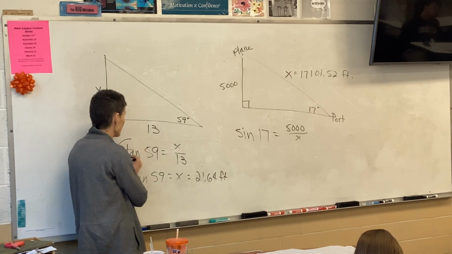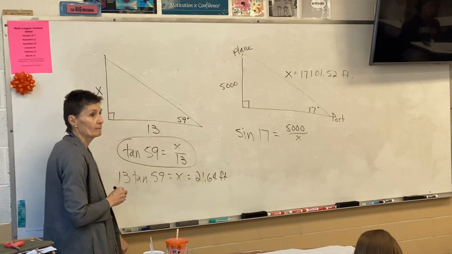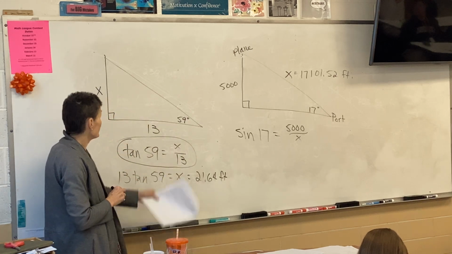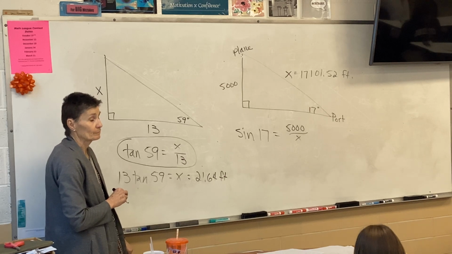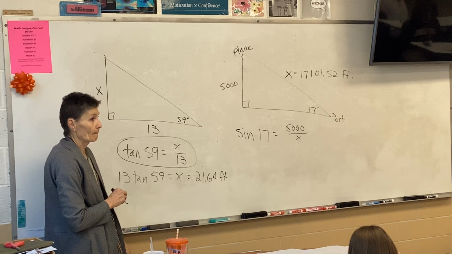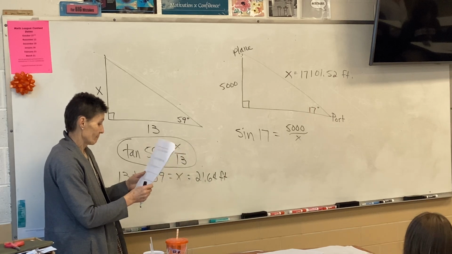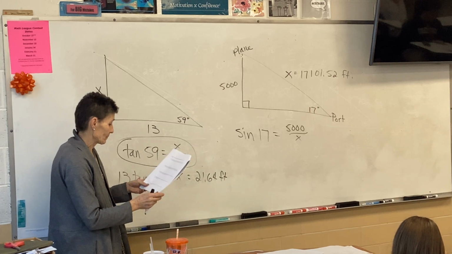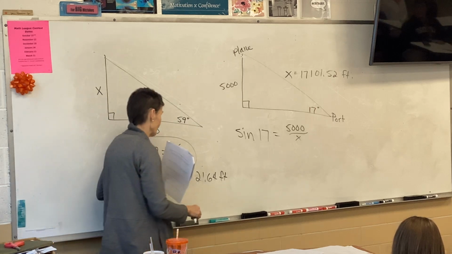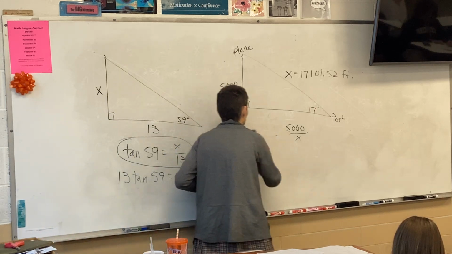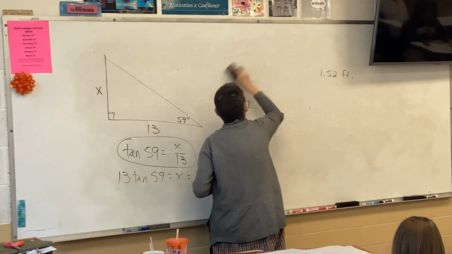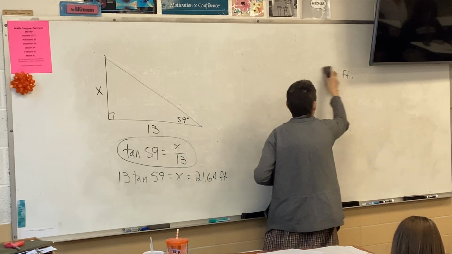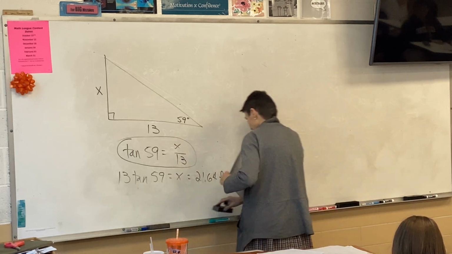I'm solving this equation right here. Tangent equals opposite over adjacent. It doesn't say from the top, it says from the base. He's standing on the ground, yeah.